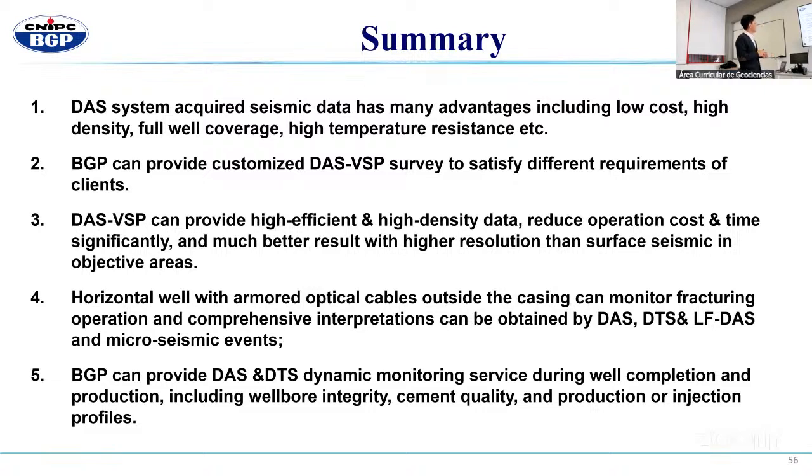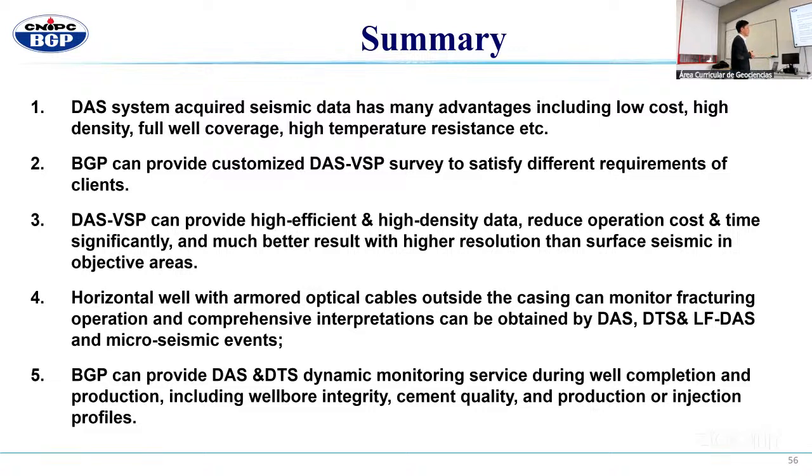DAS VSP is another way to acquire borehole seismic data. Compared with the geophone, DAS has very high density. This will result in a higher resolution of the imaging than the traditional VSP and the surface seismic.